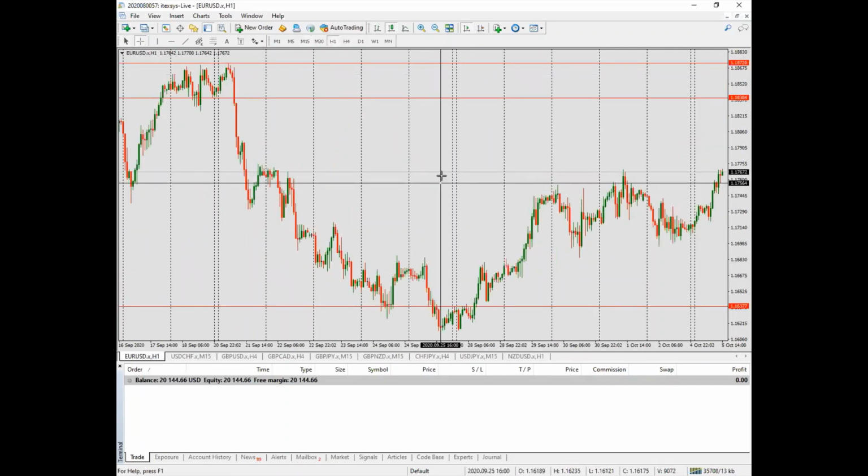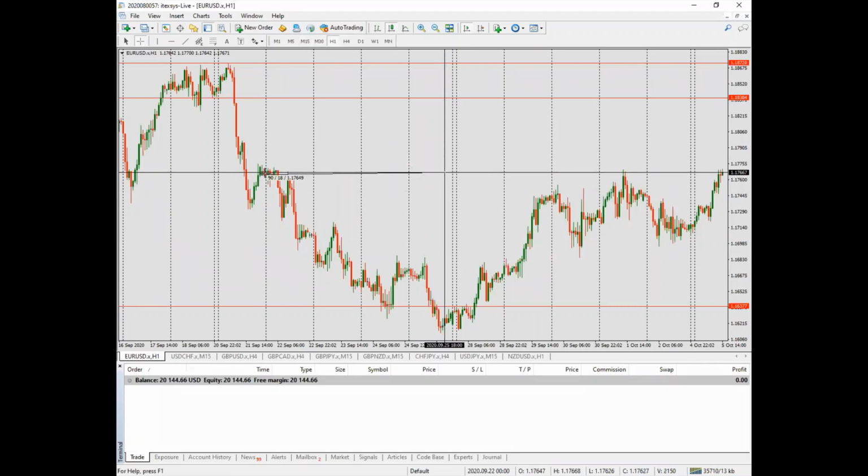So at the moment we can see the price is in a resistance zone. A resistance zone is not a level to look for a sell position, but it's also not a level to look for a buy position. So I won't sell here because it's a resistance.